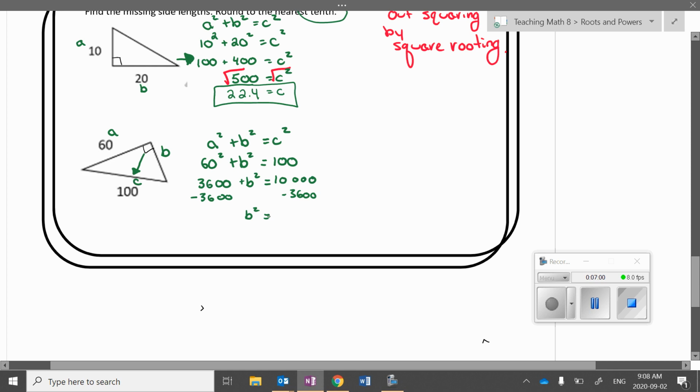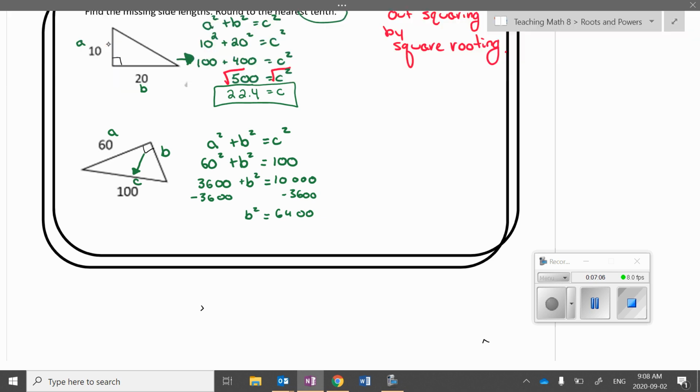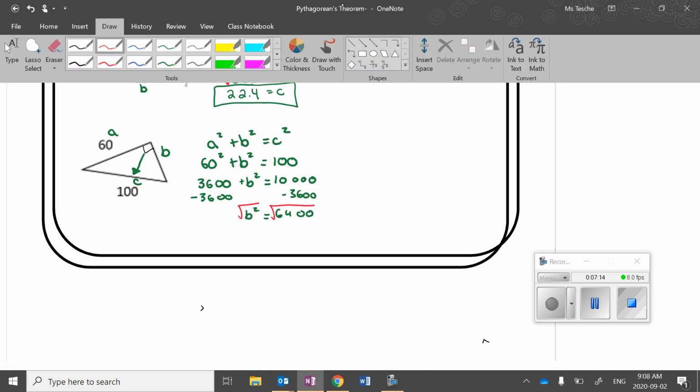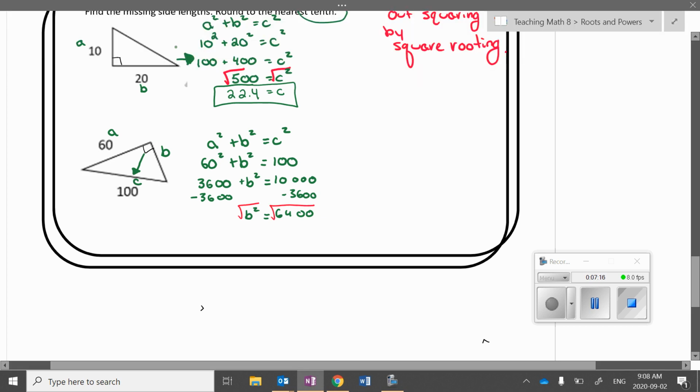So I'm left only with B squared, and then I have 6,400. I want just B. I don't care what B squared is. I need to know what just B is. So I'm going to take the square root of both sides. When I do that, I get 80.